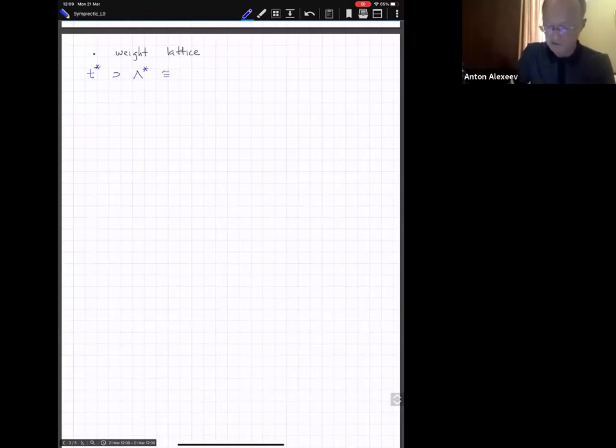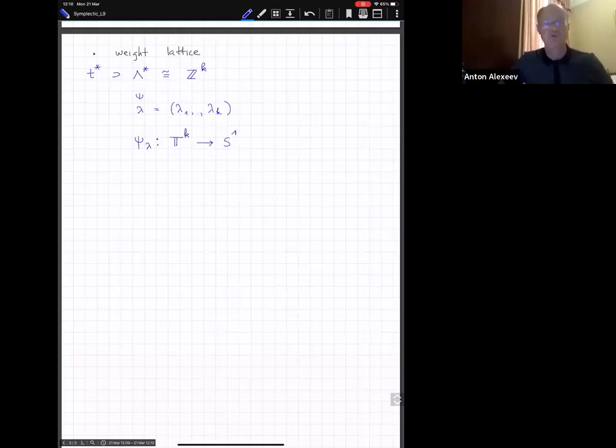In our case, it's simply isomorphic to Z to the power k. Elements here are k-tuples of integers. And to such a k-tuple of integers, we associate a map in the other direction, a homomorphism from our torus to S1, right? Coweights are homomorphisms from S1 to the torus.